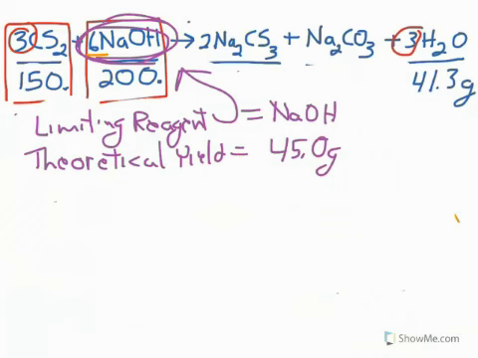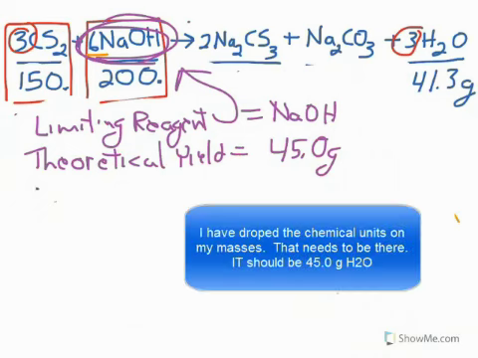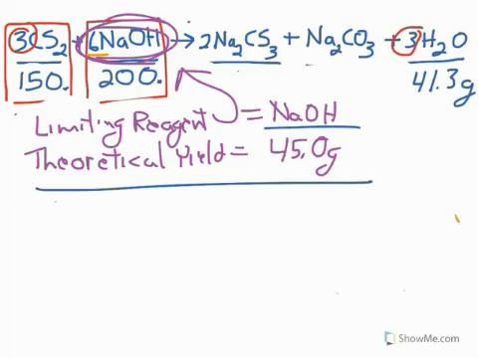So here we are with our theoretical yield of 45.0 grams, and our limiting reagent is sodium hydroxide. The 41.3 grams up here is the actual yield that we got out of this problem.